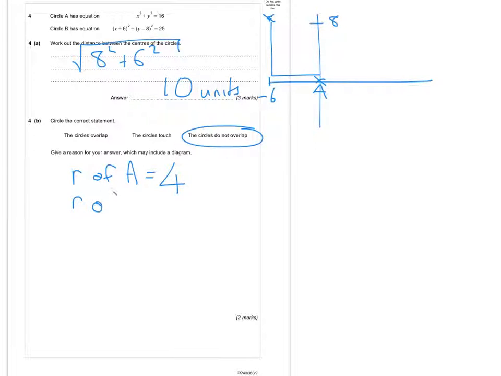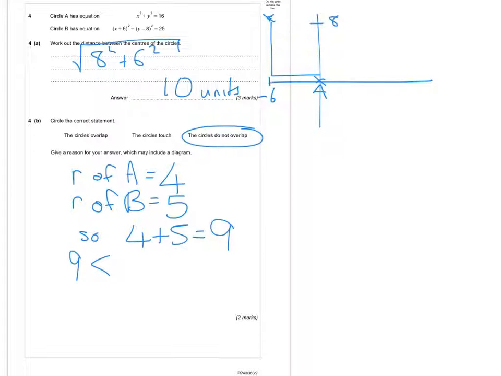Radius of B equals 5. So 4 plus 5 equals 9. They don't touch. 9 is less than 10. The circles don't touch.